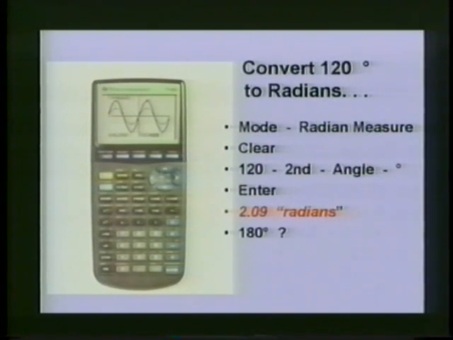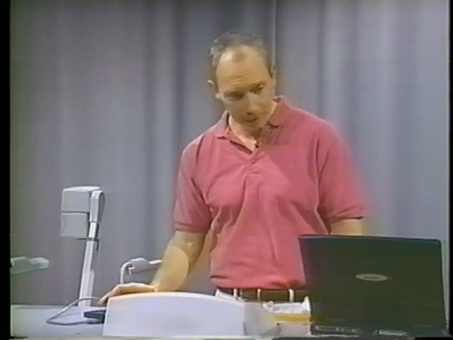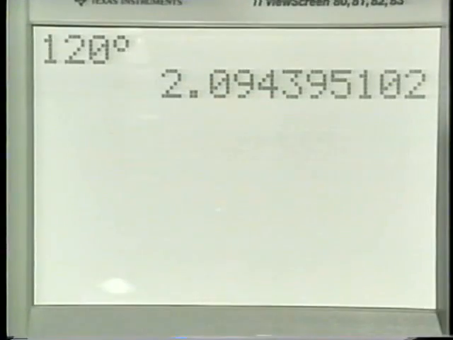How would we do 180 degrees? Let's try it. I'm going to go to the calculator. I'm already in radian measure, so I'll remember that. I'm not going to check my mode. 180. Now, if I'm in radian measure, I have to tell it degrees.